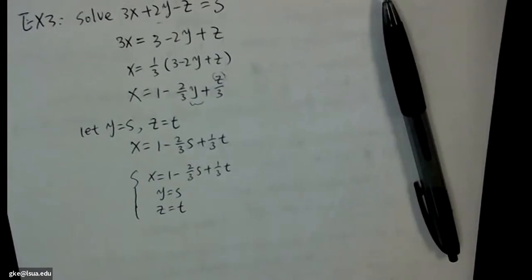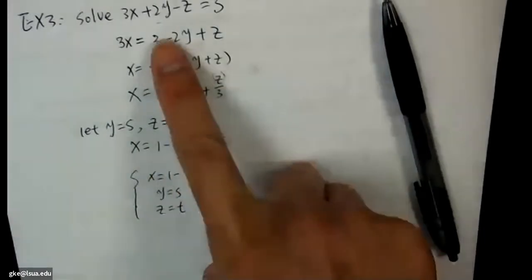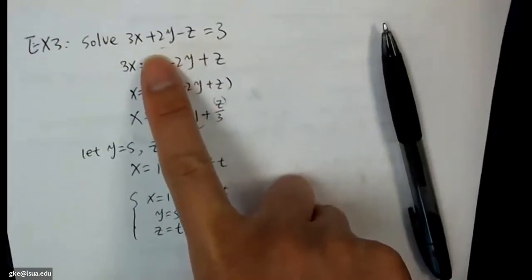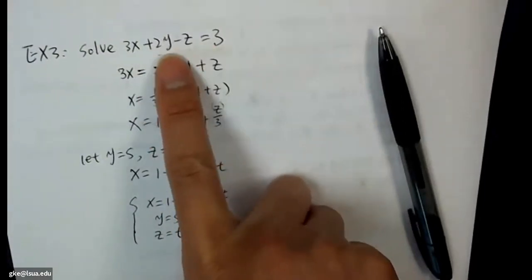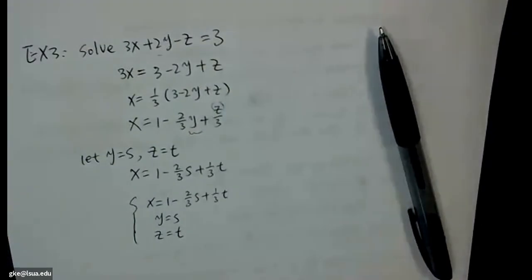So that means we have infinitely many solutions for this linear equation. Understood? Do you guys understand how to use parametric representation to express the solutions? Very good.